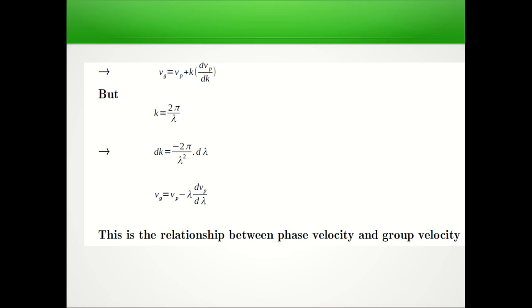So, in dispersive media, the phase velocity is not independent of wavelength, so this factor doesn't become zero. As a result, in a dispersive medium we will not get group velocity equal to phase velocity.